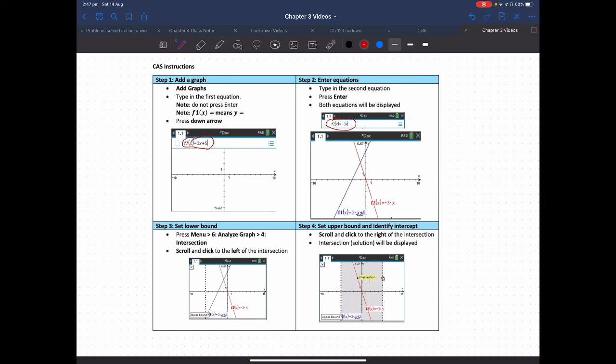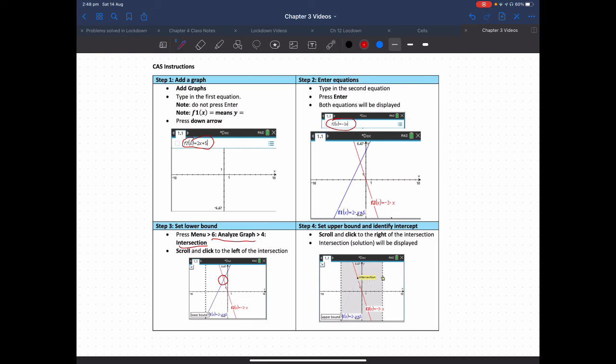Then go to Menu 6, Analyze Graph, select Intersection, then move the lower bound so it is before the intersection. Doesn't matter how close it is, press Enter.